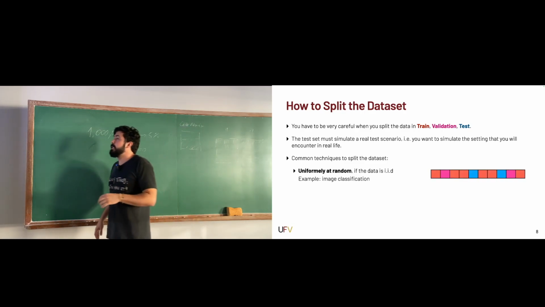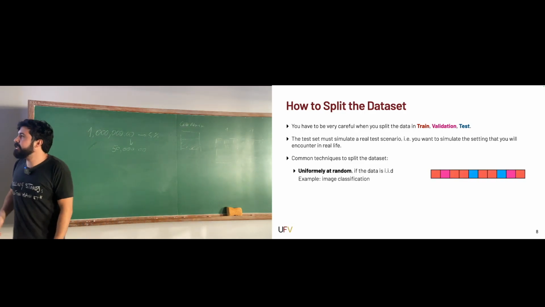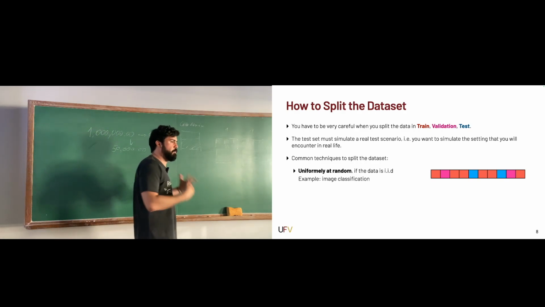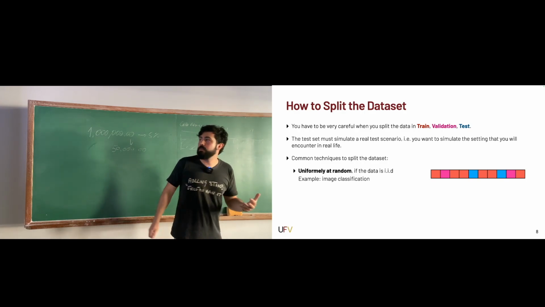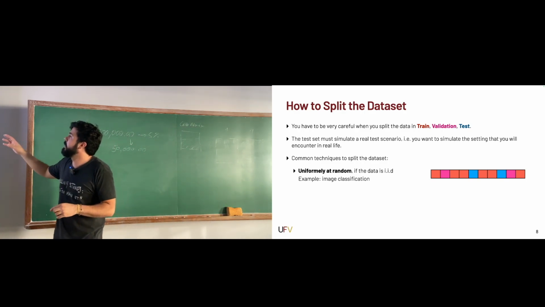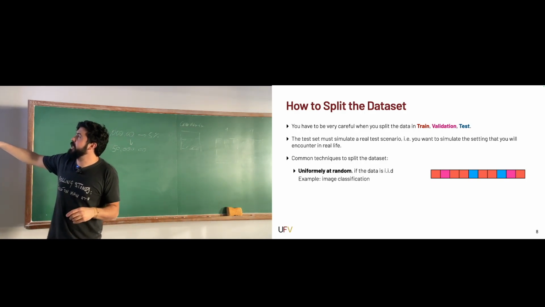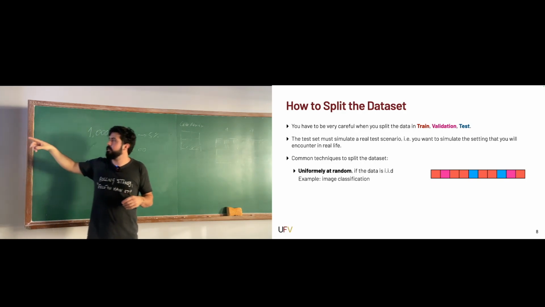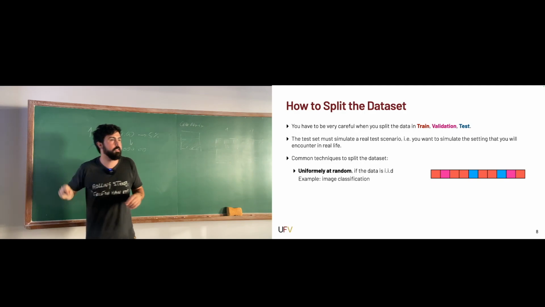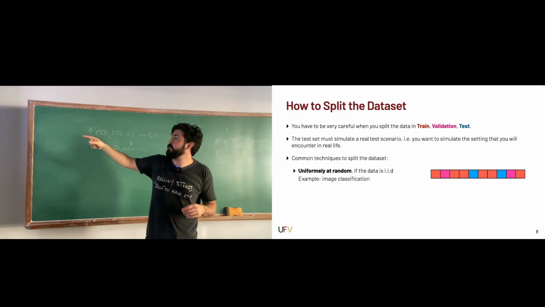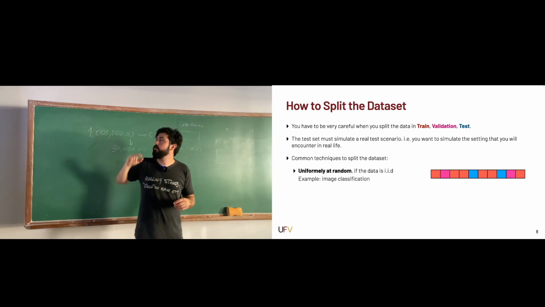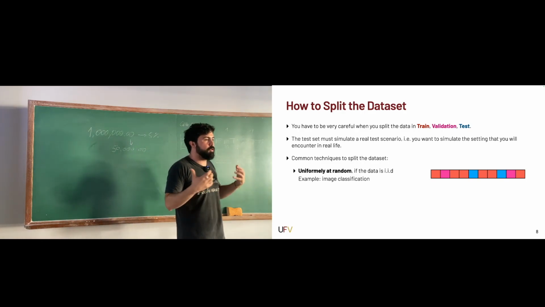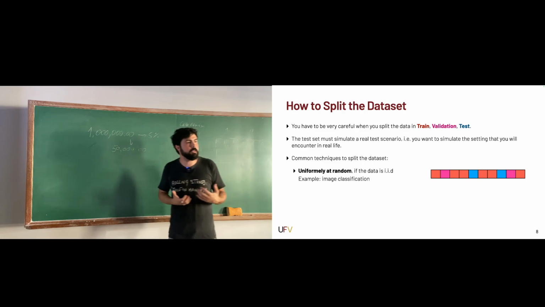So the most standard approach for splitting your data is splitting uniformly at random. So look at this data set here. Red means training, purple means validation, and blue means testing. Here we have 10 data points, and I'm using 6 for training, 2 for validation, 2 for testing, and I chose them uniformly at random. Okay?